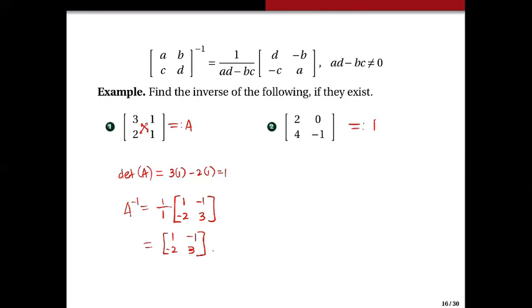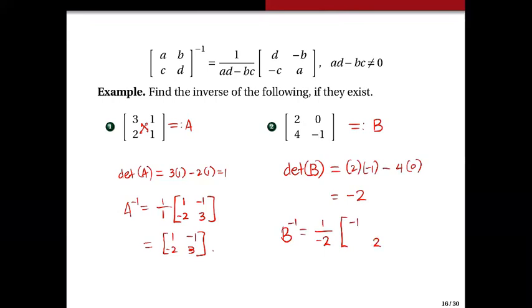For number 2 here, let's say this is your B. Let's find the determinant of B. So this will be 2 times negative 1 minus 4 times 0. And this is just negative 2. So again, this determinant is not equal to 0, so we can find the inverse of B. So B inverse is 1 over negative 2 times: interchange, so this is negative 1 and 2.